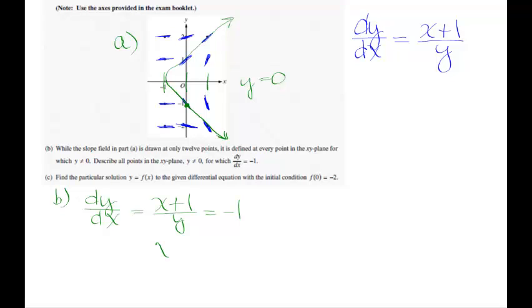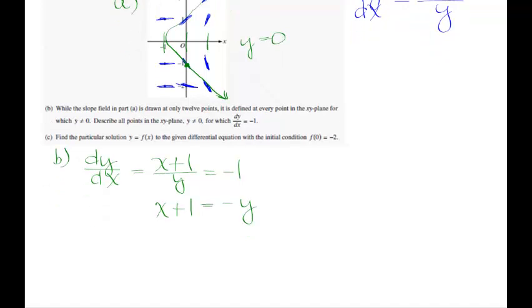Well, let's just play around with this ratio a little bit. I'm going to multiply both sides by y. That tells me that x plus 1 equals -y. It says describe all points in the plane.